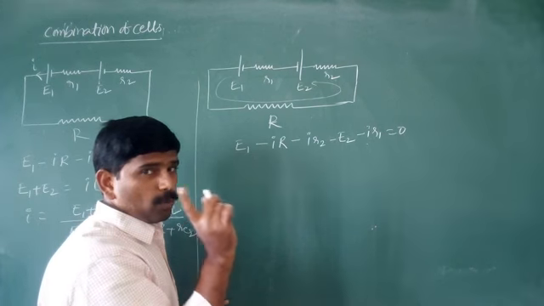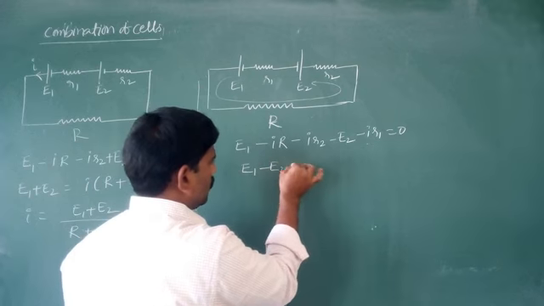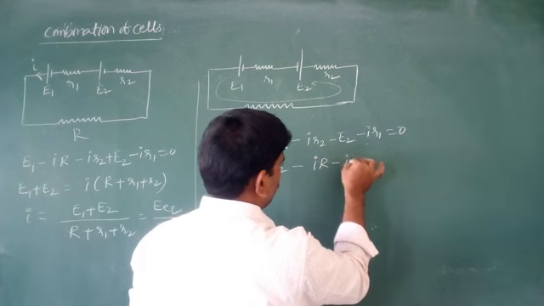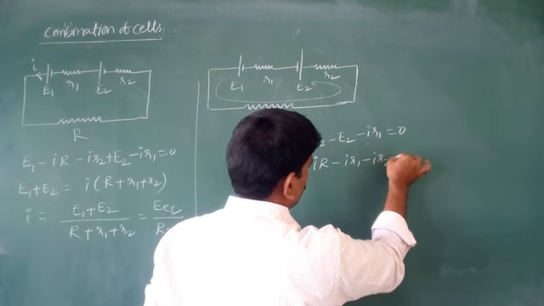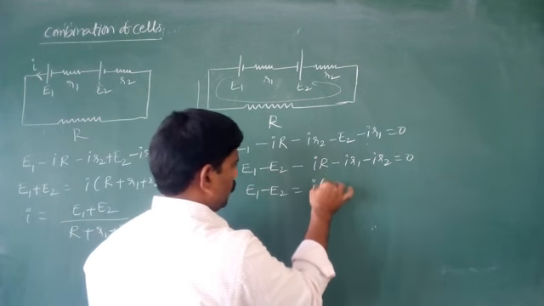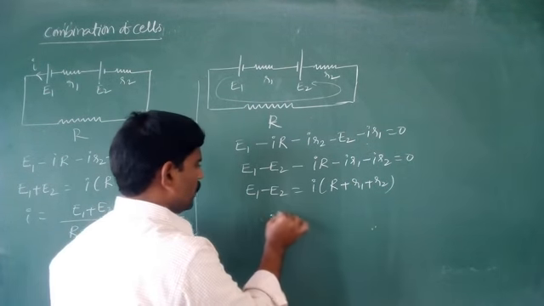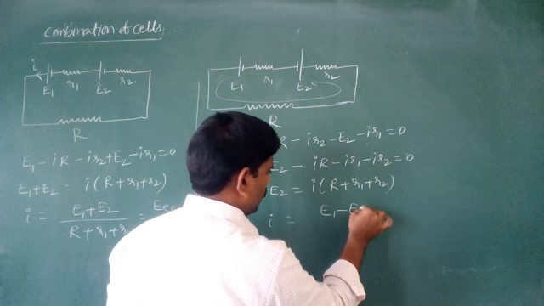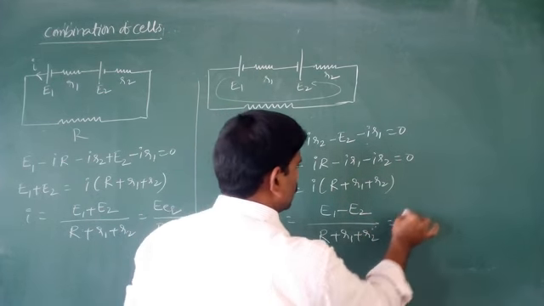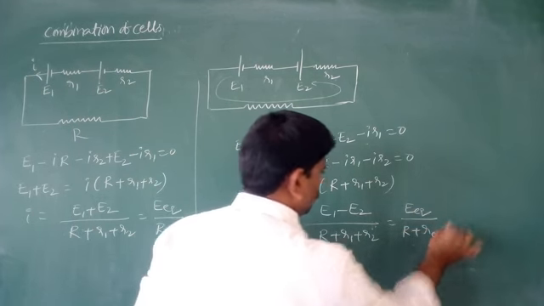So E1 minus E2 minus IR minus IR1 minus IR2 is equal to 0. Therefore, E1 minus E2 is equal to I into capital R plus R1 plus R2. Therefore, I is equal to E1 minus E2 whole by capital R plus R1 plus R2. This is nothing but R equivalent by capital R plus R equivalent.